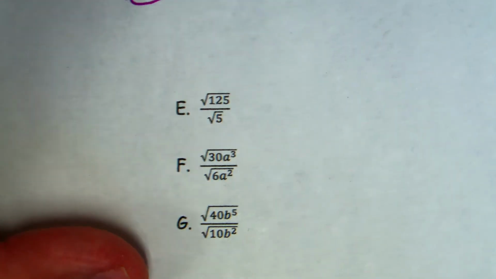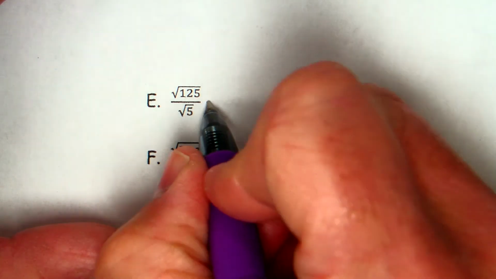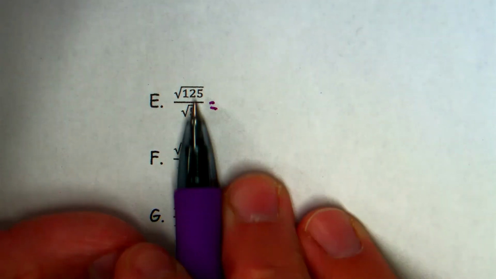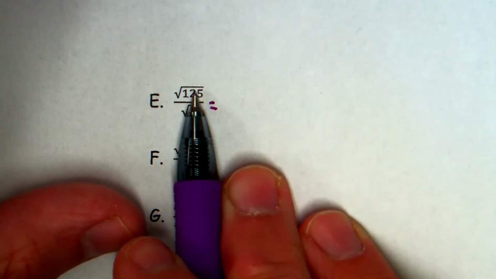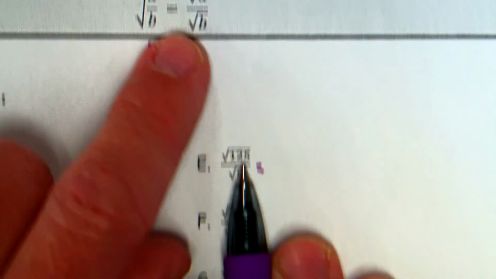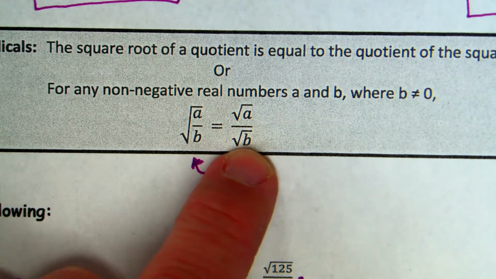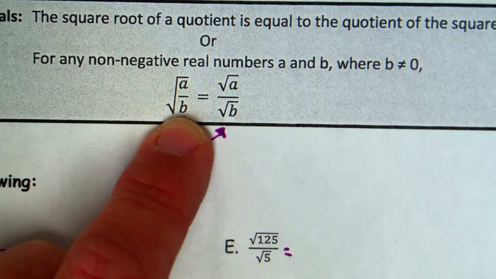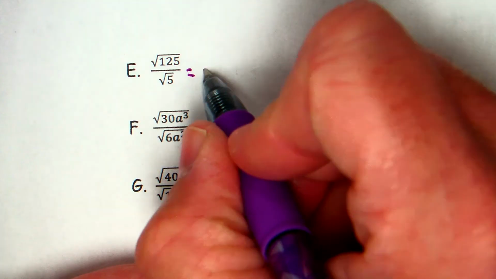Sometimes the problem you're given is already going to have a numerator and a denominator that are both radicals. In this case, we might benefit from writing it the other way. Instead of having a radical on each piece, take the radical and put it over the whole thing.